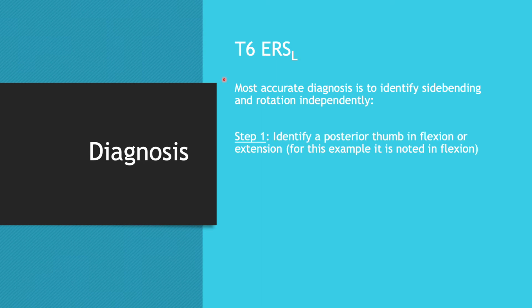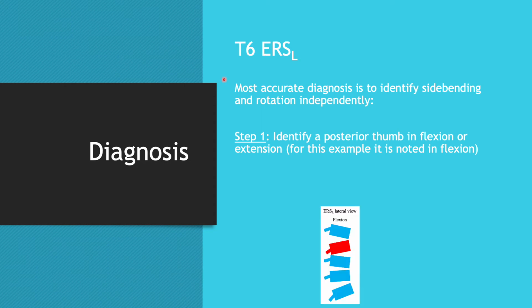So step 1, have the patient sitting in front of you. You put a thumb posteriorly on their transverse processes, or on their facets on the right and left, and you examine them as in that previous picture. They go into flexion. You feel for asymmetry, either right or left. They go through neutral and then back into extension, and you feel right and left to see if there's any abnormal rotation.